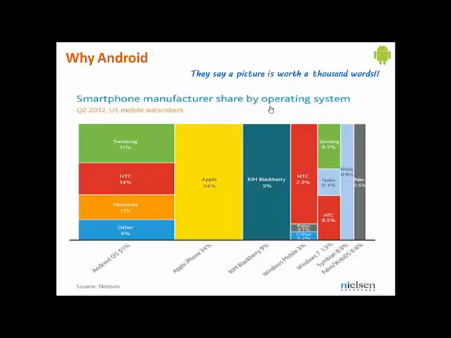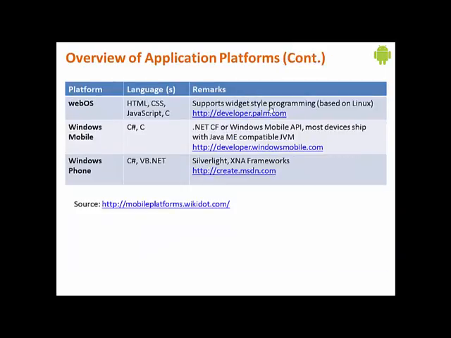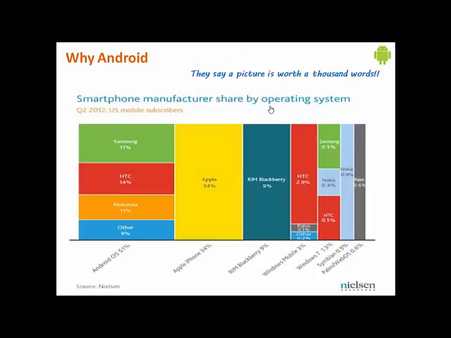So why should I take this? I have all this list of smartphones. There are 9 different mobile platforms, and why should I specifically choose Android? Because you can see in the picture that 51% of the mobile users were using Android.